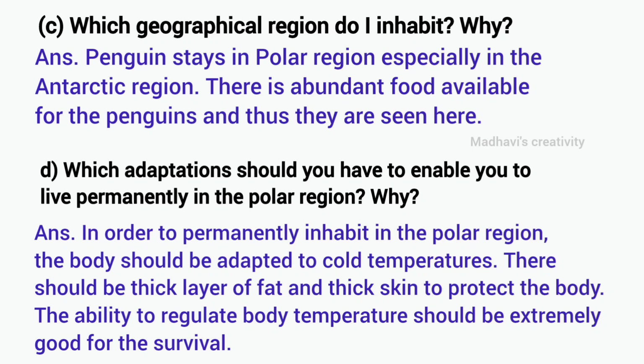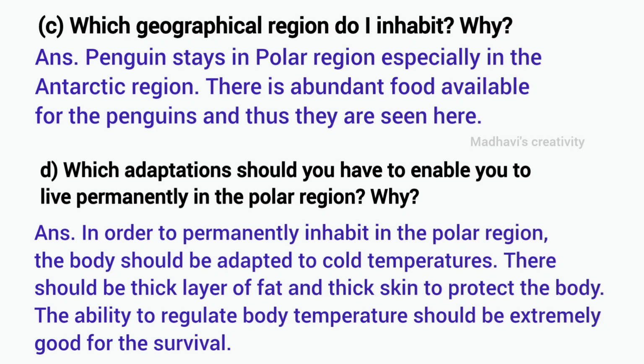C. Which geographical region do I inhabit? Why? Answer. Penguin stays in polar region, especially in the Antarctic region. There is abundant food available for the penguins and thus they are seen here.